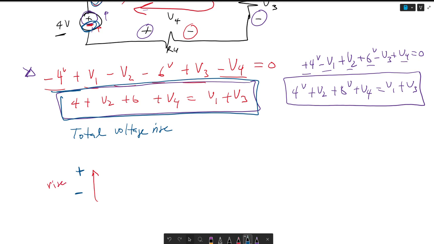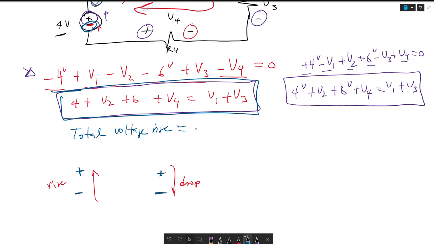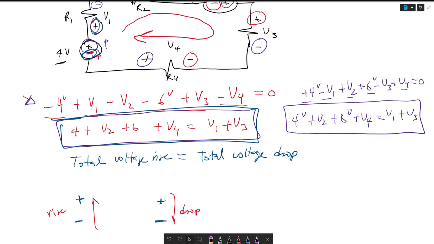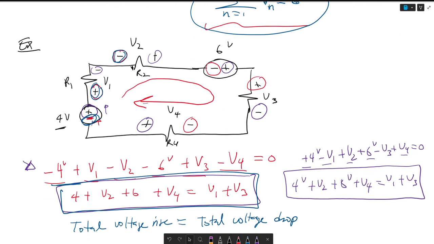And if my current is going from a plus to a minus, I have a voltage drop. And in this situation, it's saying that total voltage rise is equal to total voltage drop, which is equivalent to my trusted law.